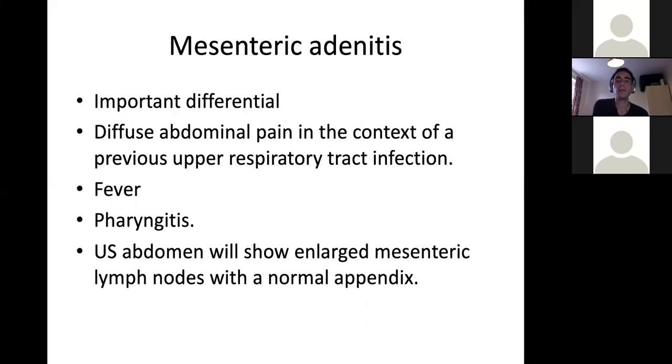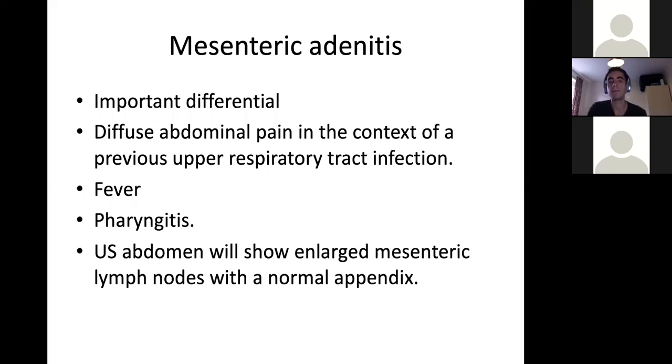The other important differential in paediatrics is to think about mesenteric adenitis. As mentioned before in reading the question, it tends to present with more unspecific diffuse abdominal pain, and there are some signs of an upper respiratory tract infection.